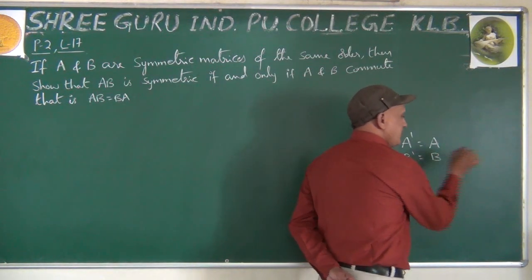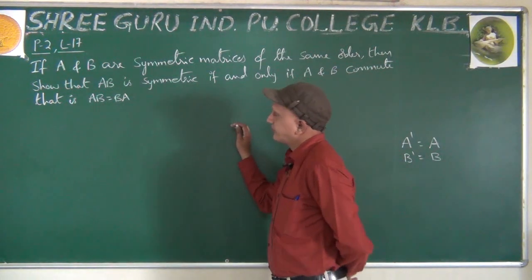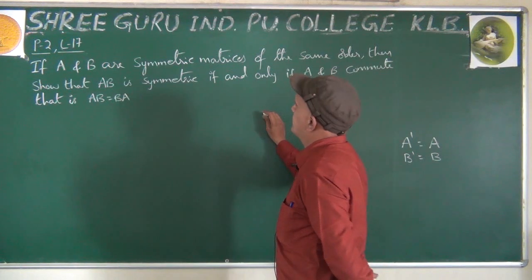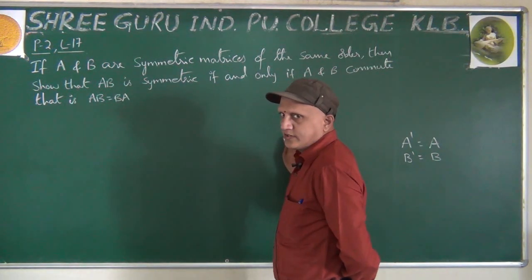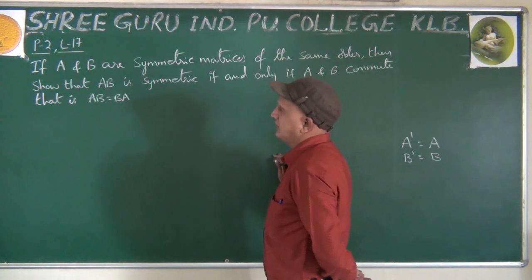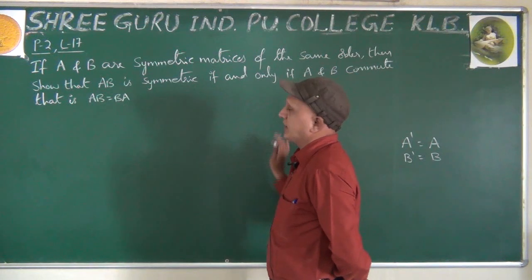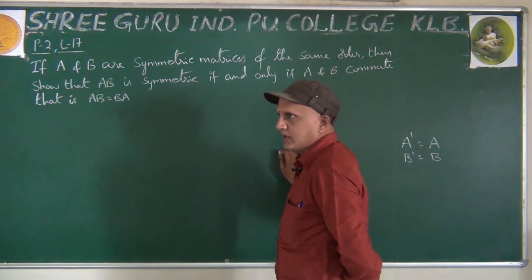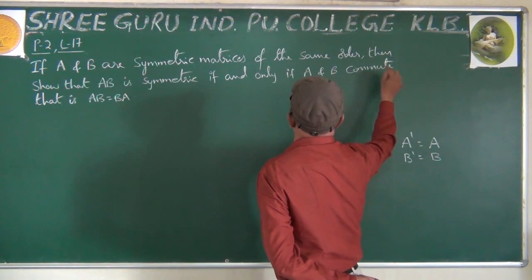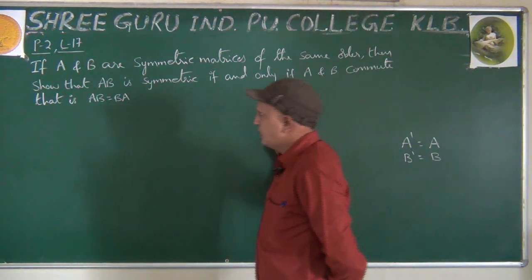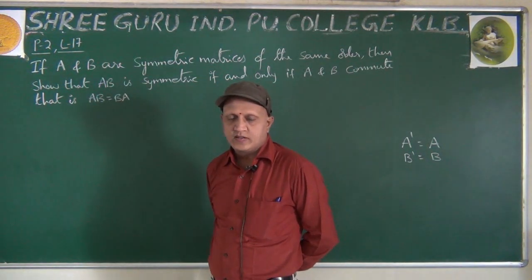B dash equal to B. I will finish reading the question. If A and B are symmetric matrices of the same order, then we have to prove that AB is symmetric if and only if A and B commute. Commute means AB equal to BA.